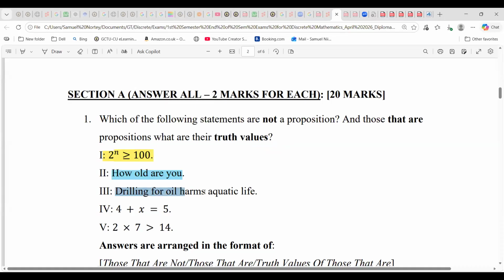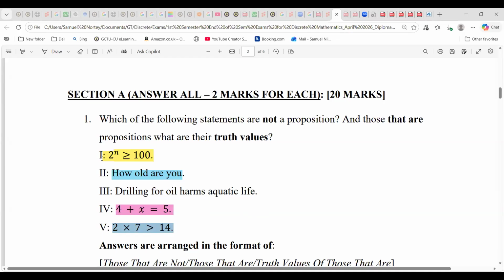Now, drilling for oil harms aquatic life. Is it a proposition? Yes, because this statement can either be true or false. And then we have 4 plus x is equal to 5. This is also not a proposition. And then 2 times 7 is greater than 14. Is this a proposition? Yes.